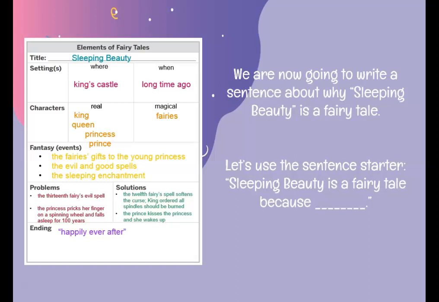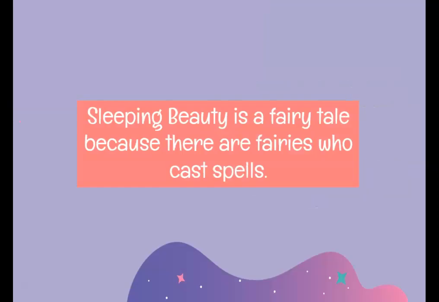Go ahead, write your sentence. Sleeping Beauty is a fairy tale because. Make sure you use a capital letter and a punctuation mark at the end. My sentence is, Sleeping Beauty is a fairy tale because there are no fairies who cast spells.